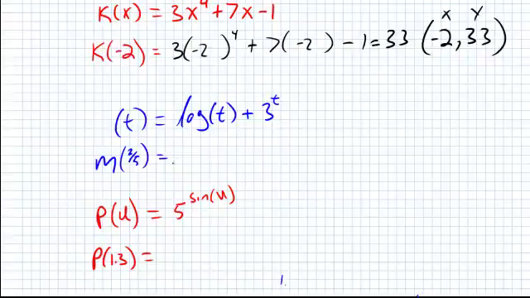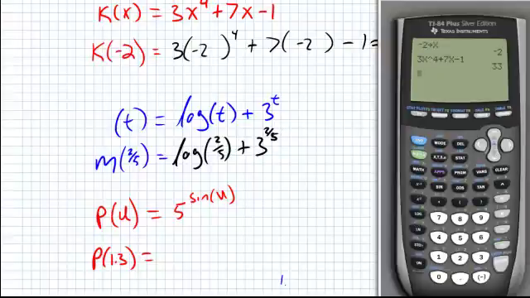For the next one I'm going to do log of 2/5 plus 3 raised to the 2/5. Again, I'm using my calculator. So 2 divided by 5, store that in x. So it's going to be the log of x. Make sure you close your parentheses.